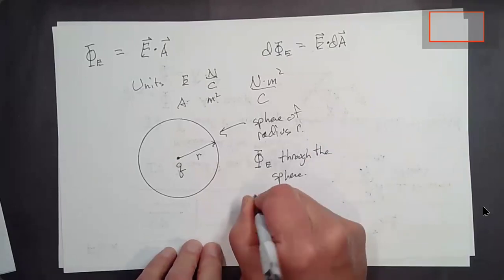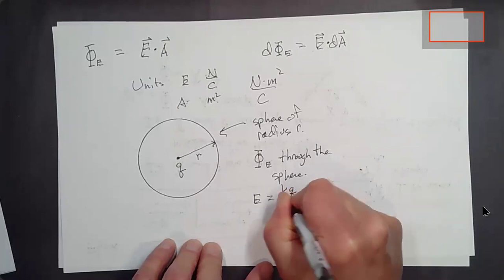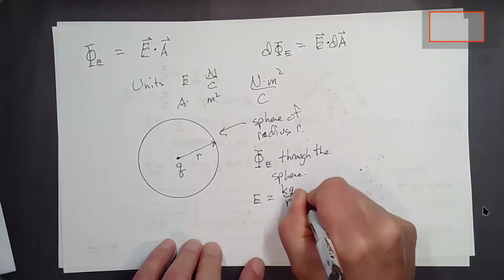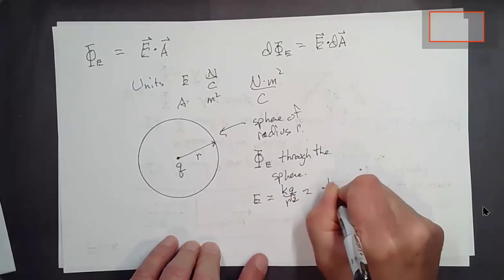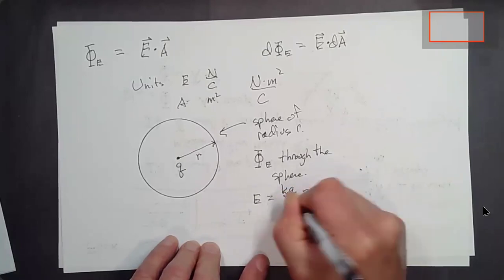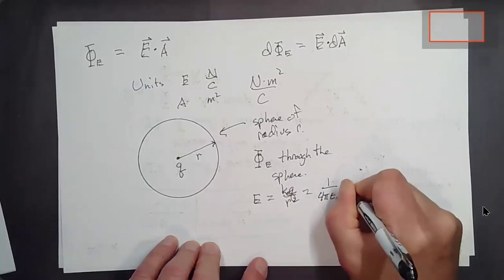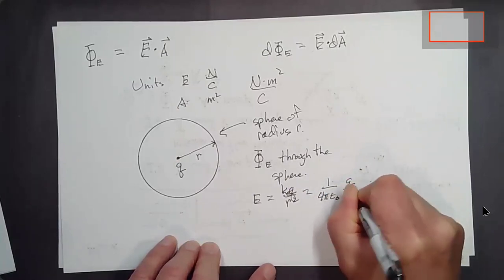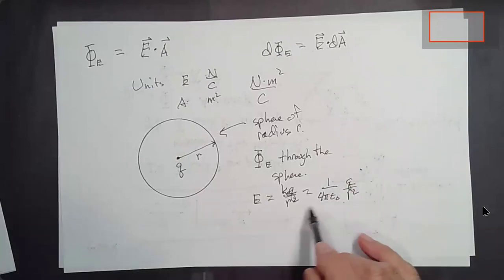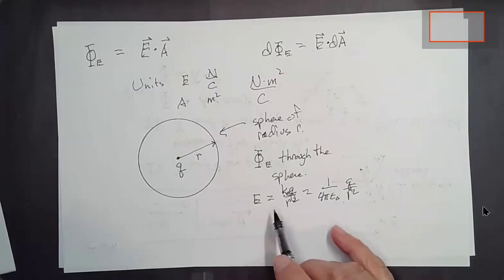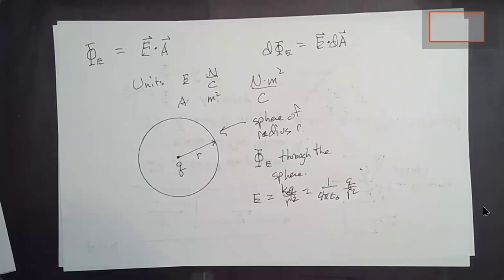Well, it so happens that is kq over r squared, or a lot of times in the textbook, they're rewriting k as 1 over 4 pi epsilon naught, q over r squared, something like that. But at any rate, that's what the electric field would be a distance r away from a point charge.